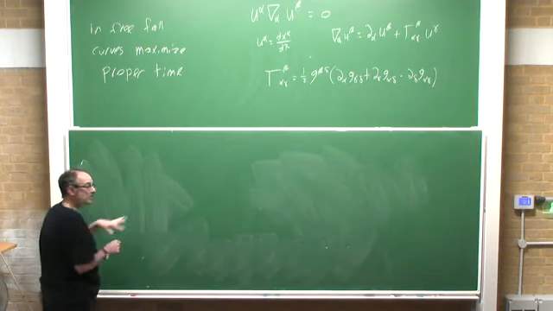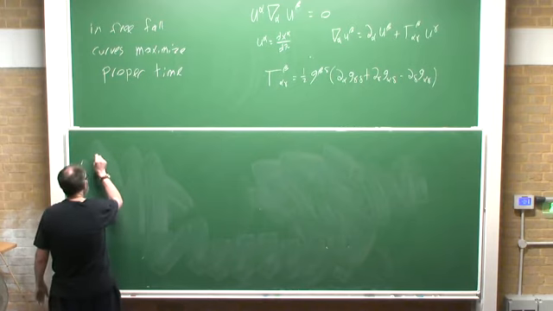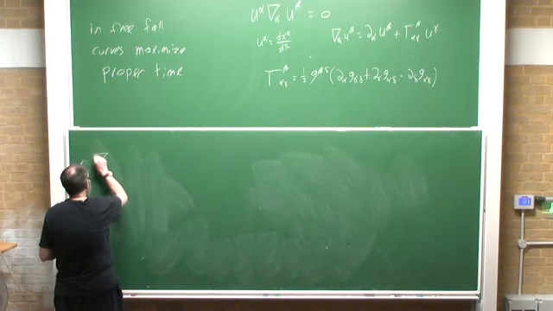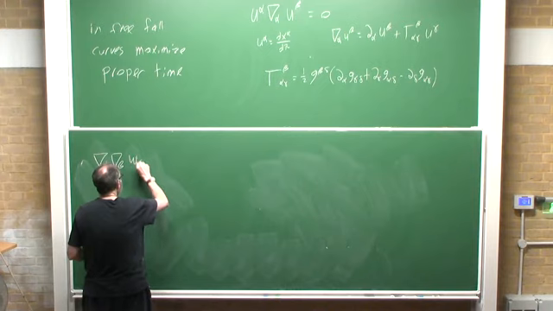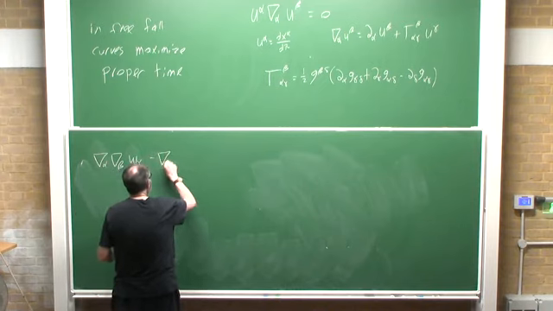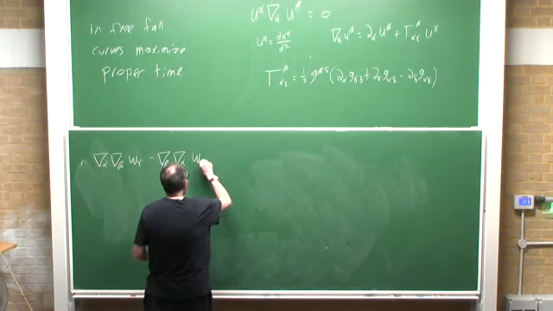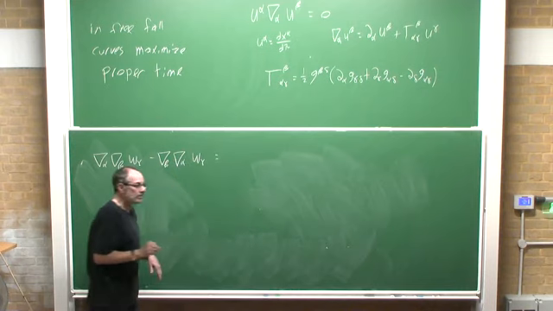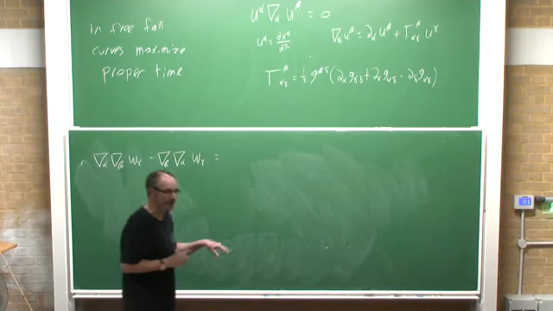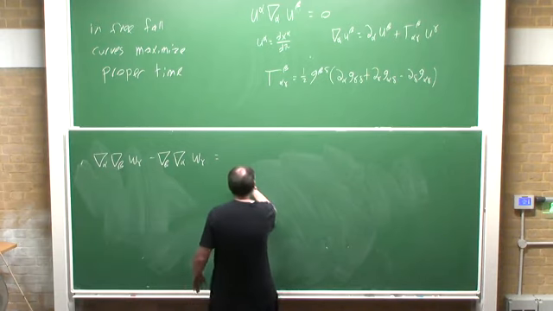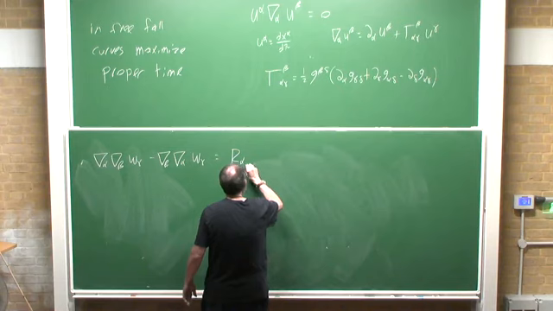Okay, so suppose I take two covariant derivatives in different orders, and I take the difference. If these were plain old ordinary partial derivatives, I would just get 0, but because we have these Christoffel symbols, I don't get 0, and in fact, what I get is the following.